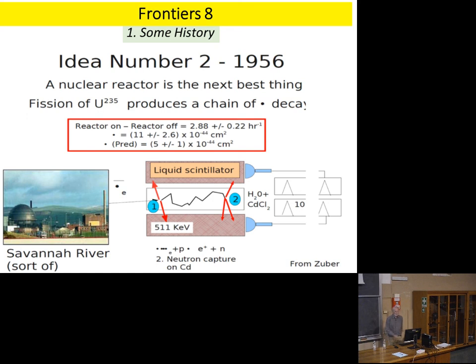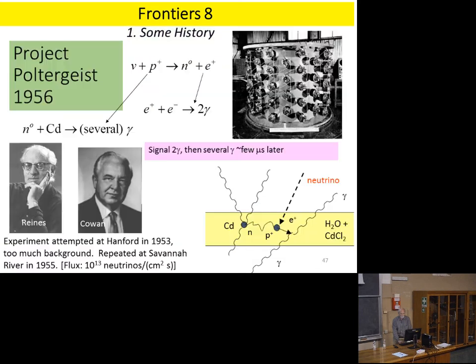And although there was a background, this was enough to actually convince themselves and others that they saw this reaction. They called this project Poltergeist, which is a word that's been used a lot to describe ghostly-like reactions.